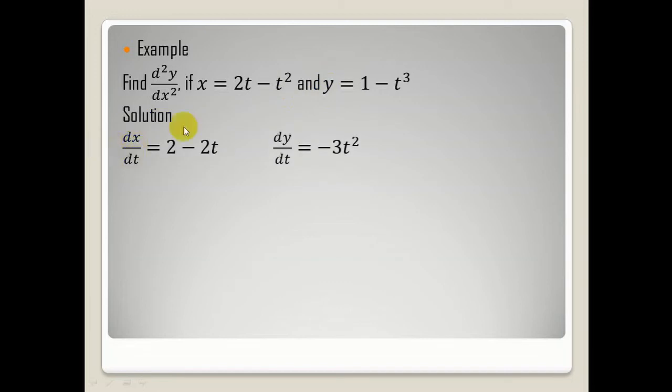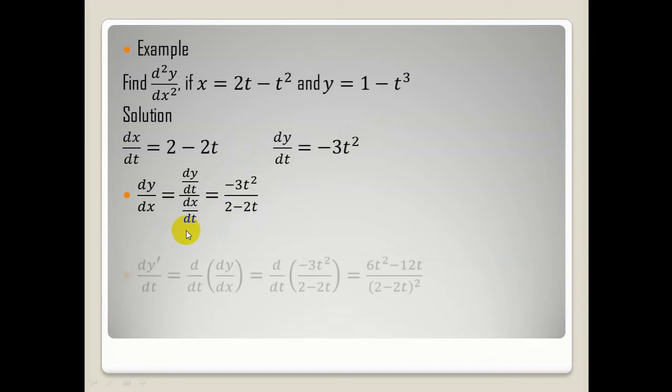So dx over dt is 2 minus 2t and dy over dt is minus 3t squared. And then for the first derivative, dy over dx is dy over dt over dx over dt. So you need to substitute dy over dt, which is minus 3t power 2 over 2 minus 2t.